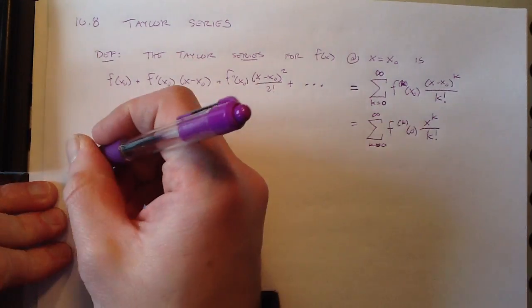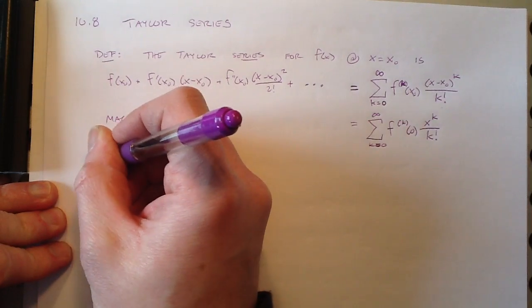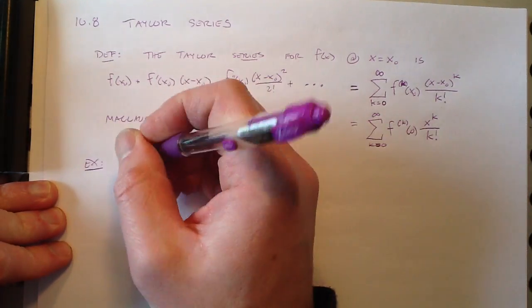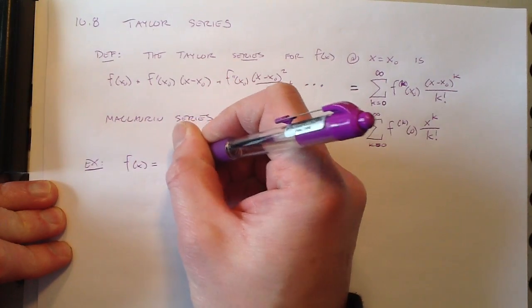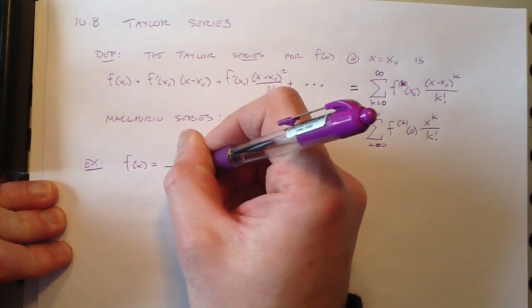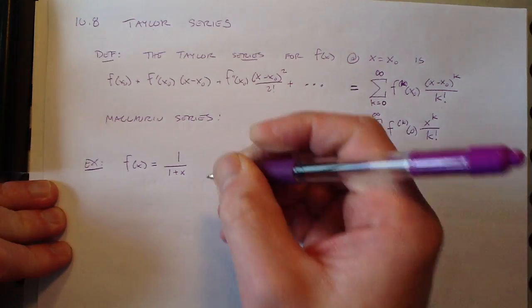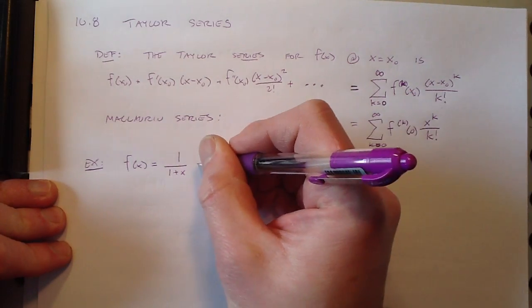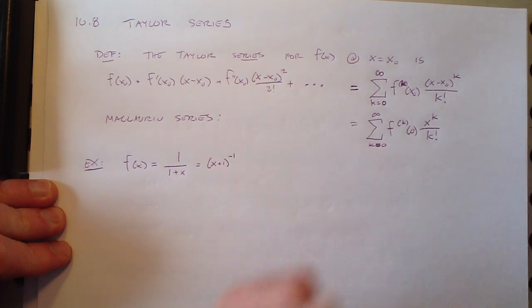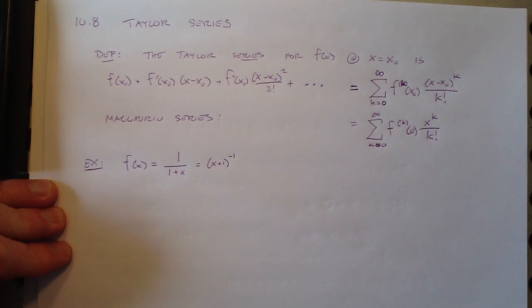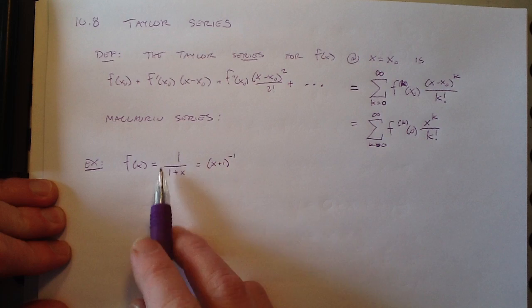Here's a function. f of x is equal to 1 over 1 plus x, which is, incidentally, for taking derivatives, x plus 1 to the negative 1. Now this is one that we're going to be familiar with.